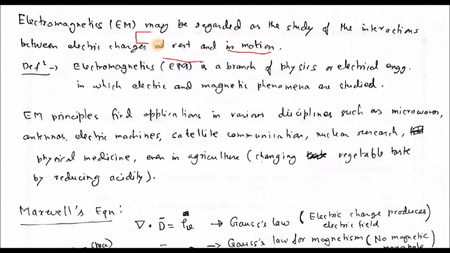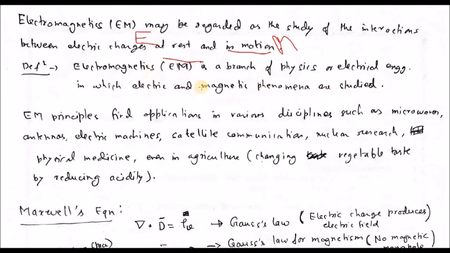An electric charge at rest gives you electric field, and electric charge in motion gives us magnetic field. So interaction of electric field and magnetic field is something which is electromagnetics, and its proper definition can be: electromagnetics is a branch of physics or electrical engineering in which electric and magnetic phenomena are studied.